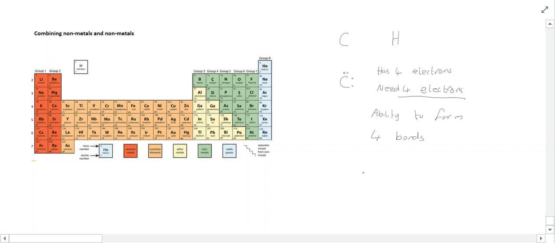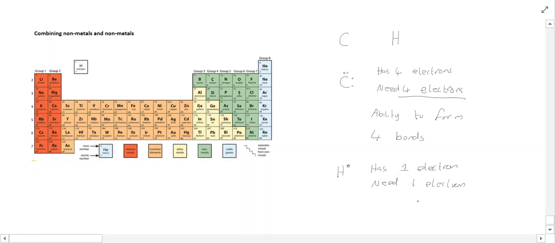Now, if we think about hydrogen on the other hand, hydrogen is a group 1 element, so it has 1 electron in its outer shell. It has 1 electron and it needs 1 electron.